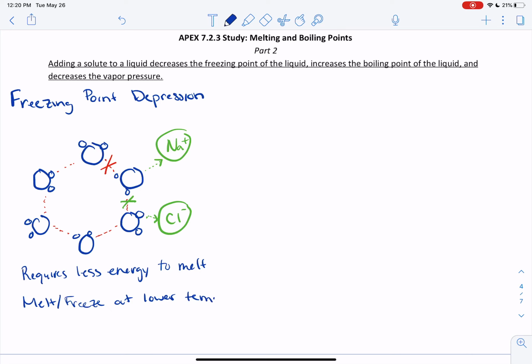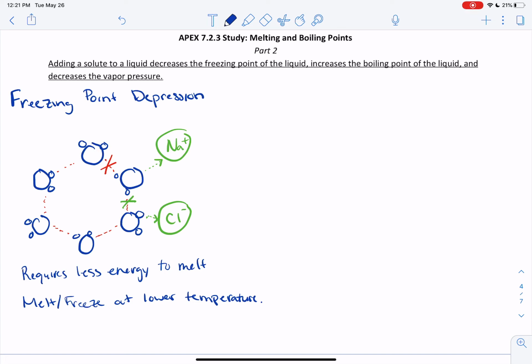Less energy means less temperature. We remember that melting point and freezing point are the same point. So since the sodium and the chlorine are doing some of the work for us to break apart that crystal structure, it's going to melt or freeze at a lower temperature.